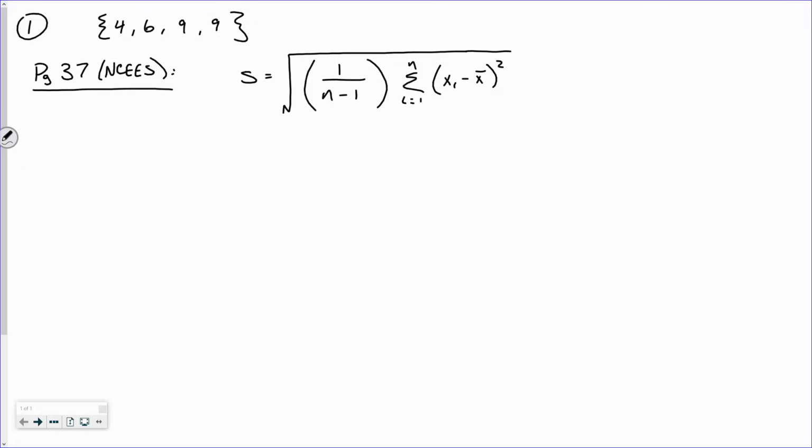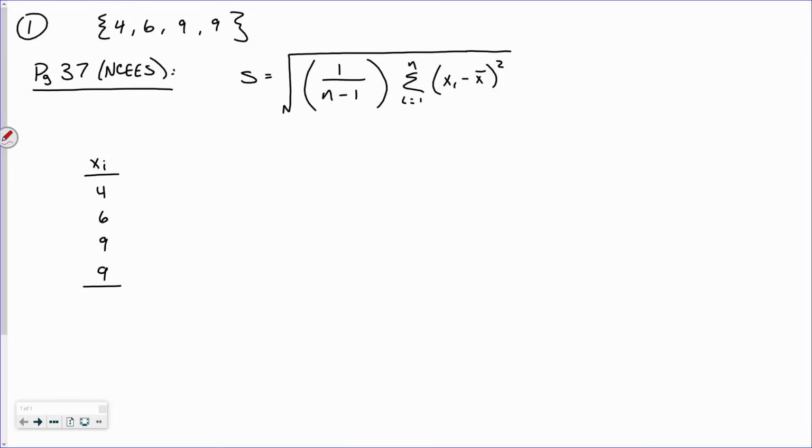Okay, now in my opinion, the easiest way to go through and actually do the process is to set up a little table. So we have 4, 6, 9, and 9. Over here off to the side, how do you compute the average of this data set? I know that might seem like a pretty basic question, but we're in review mode.